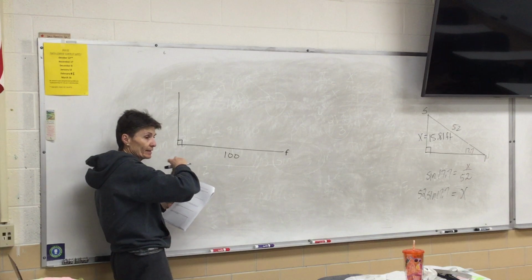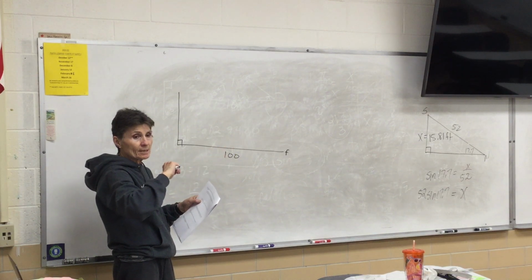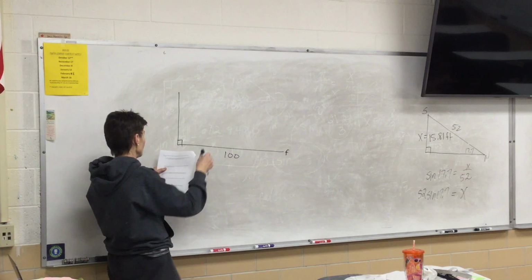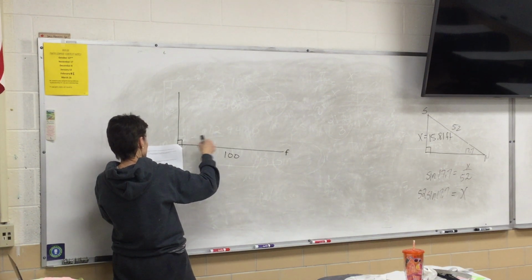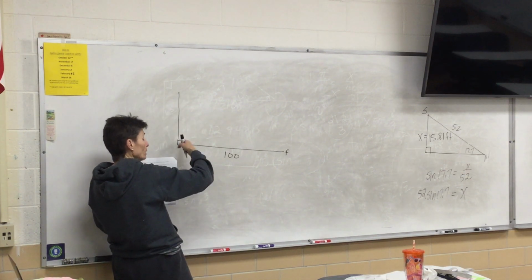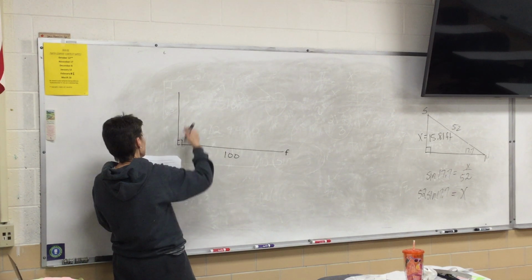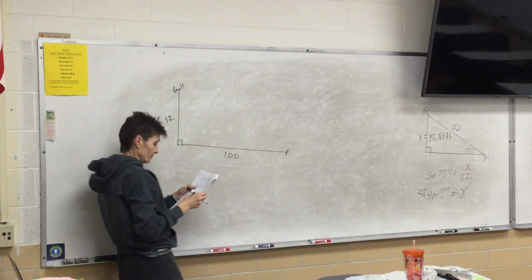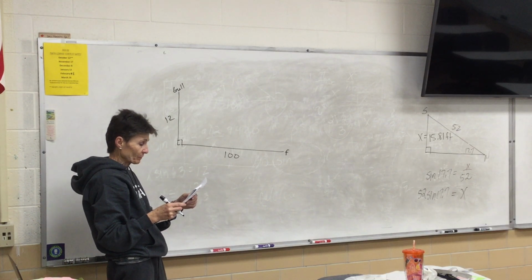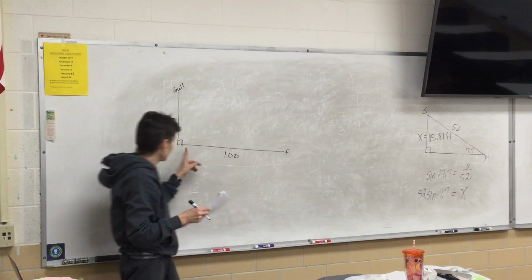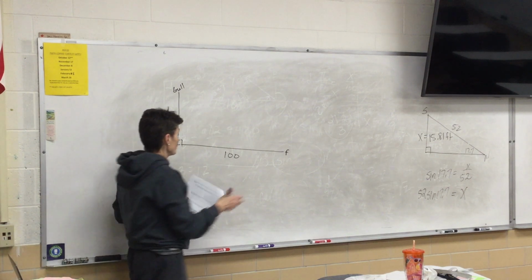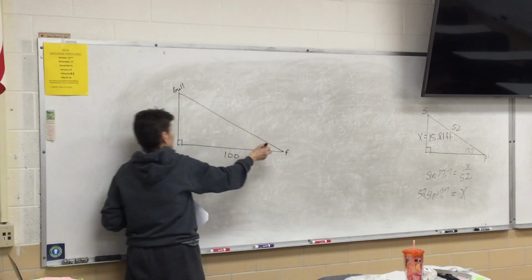It's just kind of like a little ridge they build to hold in the water, to calm the water down so boats can get in and out. So it's like a wall. So we've got a seagull up here, and he's 12 feet above the ground. The fish is out here 100 feet from the shore, and we want to know the angle of elevation.